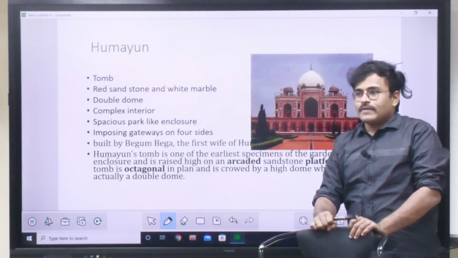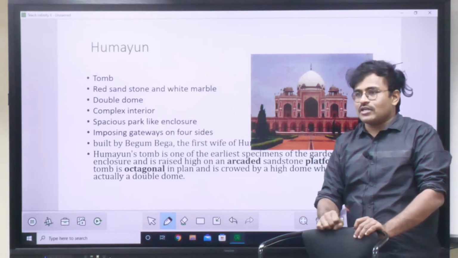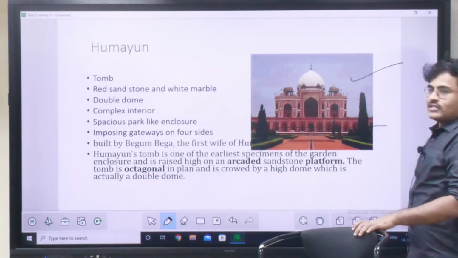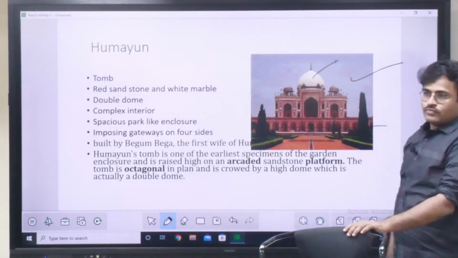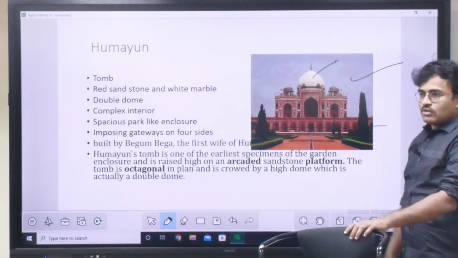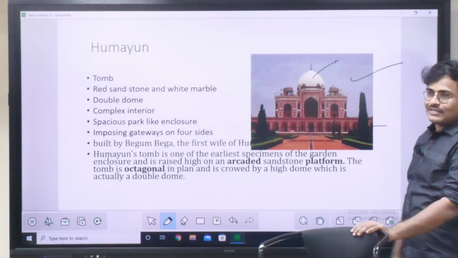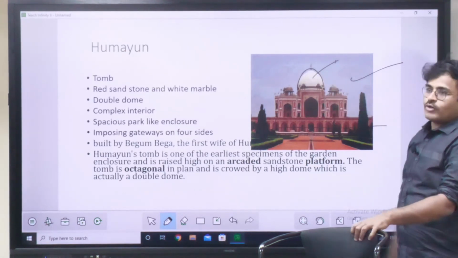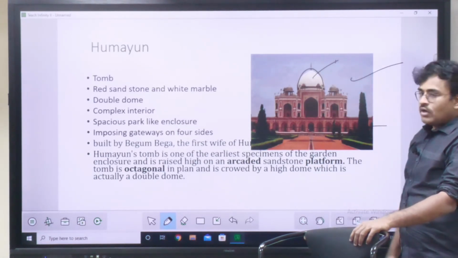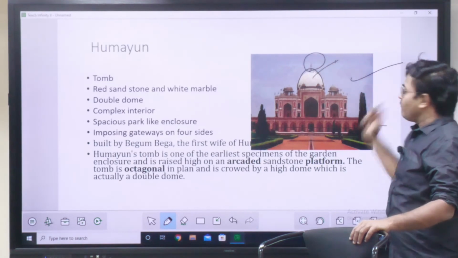Lodi. Yes, Lodis are the ones who started the pillared colonnade structure. So it contains the pillared colonnade structure. It also uses red sandstone plus marble. Multicolored structures they started. Opus sectile is this. Then if you see the dome, is it not an onion-shaped dome or bulbous dome? On top of it, can you see this finial?